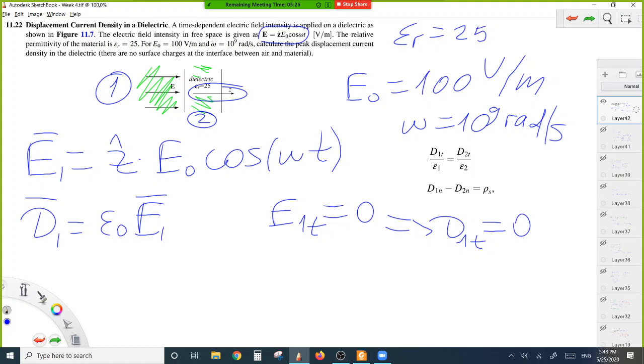Also, it is given that there is no surface charge at the interface between air and material. It means the surface charge density is also 0.